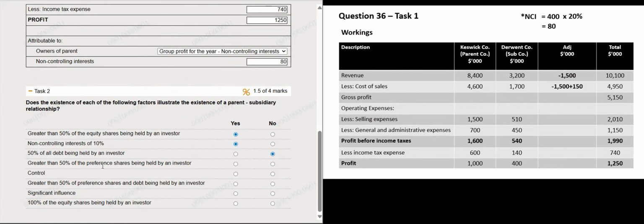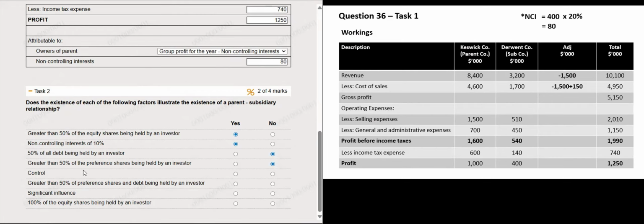Fourth, greater than 50% of the preference shares being held by an investor. Preference shares are not subject to variable returns and are entitled to get a fixed return, which is in the nature of interest. And this attribute makes them a financial liability of the company rather than an ownership interest. So this one also doesn't qualify as a parent-subsidiary relationship.